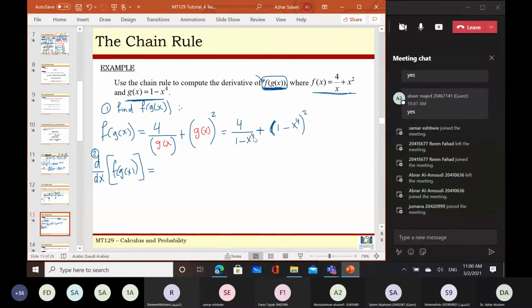First, I can make the product rule here, or for an easier way, I will rewrite this function as 4 multiplied by 1 minus x to the power 4 all to the power minus 1, and this is only a coefficient. I can actually make it a coefficient, not as a function.